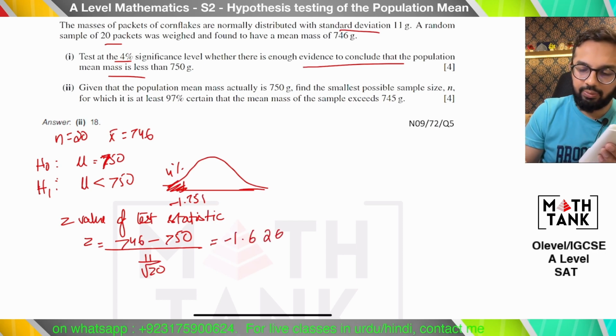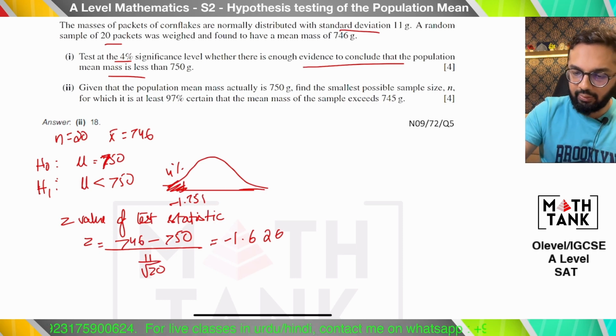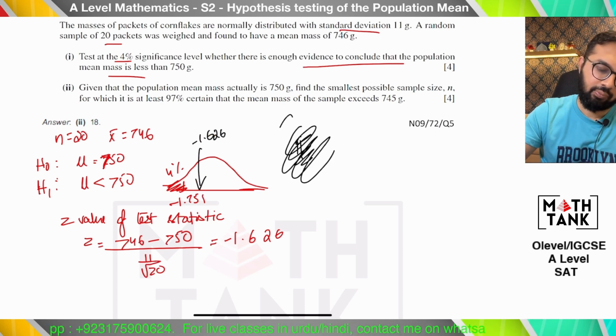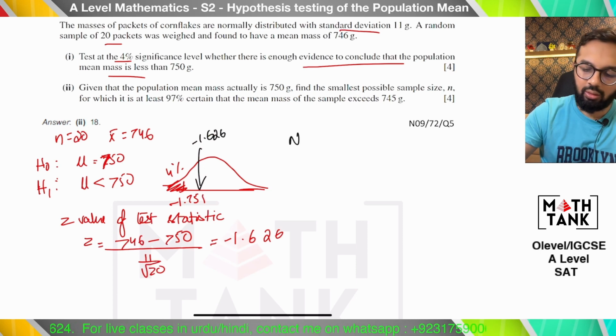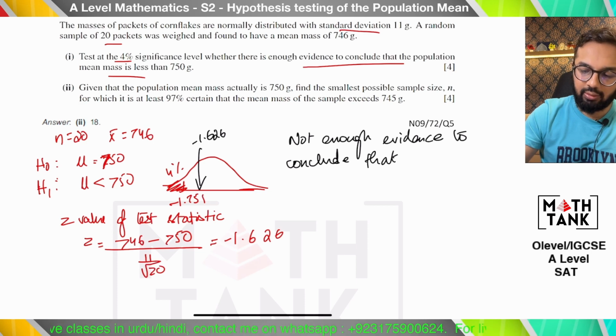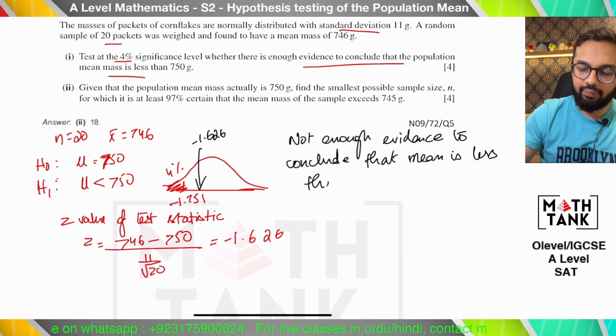Minus 1.626. So that is again not in my rejection region. So we fail to reject. Not enough evidence to conclude that the mean is less than 750.